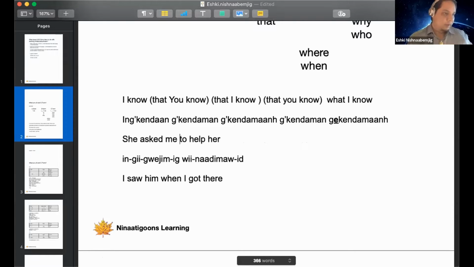So here's my two. I'm going to bracket that off. Okay. And then I saw him when I got there. And somebody put in the chat, before which word am I going to put a bracket? Let me see if I can go back to chat. Where's the chat?